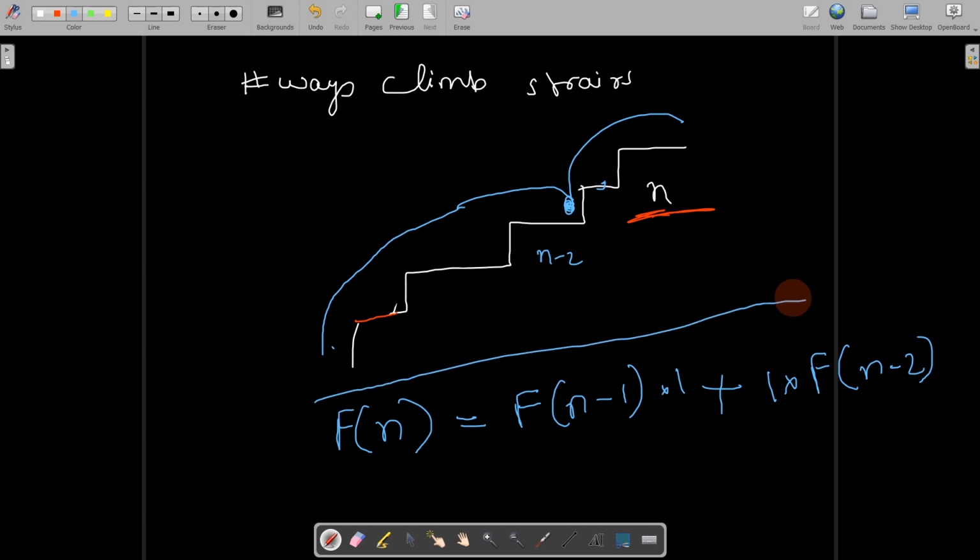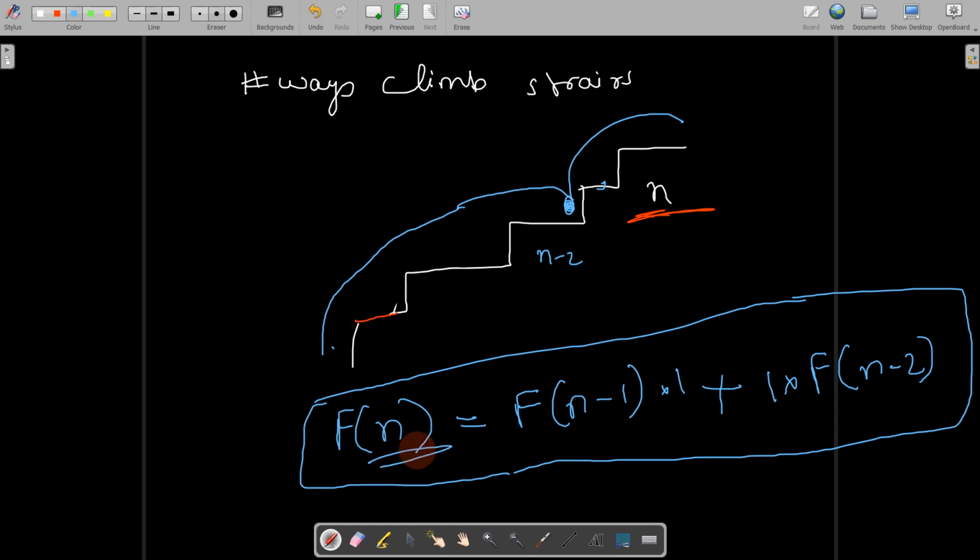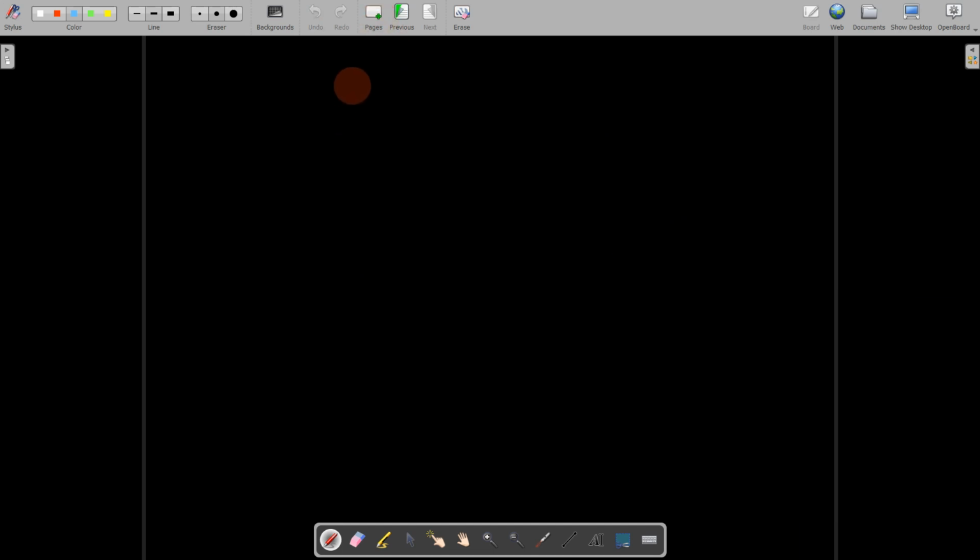See, this is also the recurrence relation for Fibonacci series. The bigger nth problem is solved using the answer of a problem of size n minus 1 and a problem of size n minus 2. Then again we will see another problem.